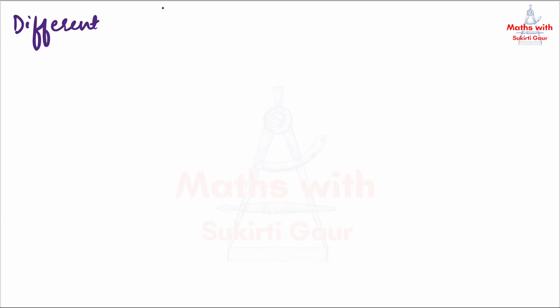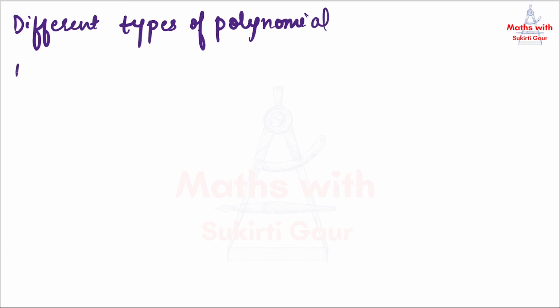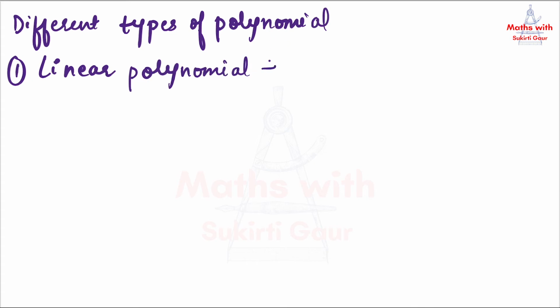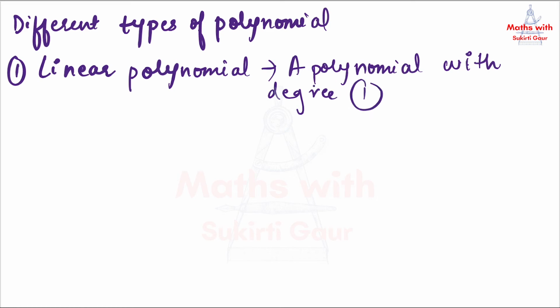Based on this concept of degree, we have different types of polynomial. First one is linear polynomial. So linear polynomial is a polynomial with degree 1.